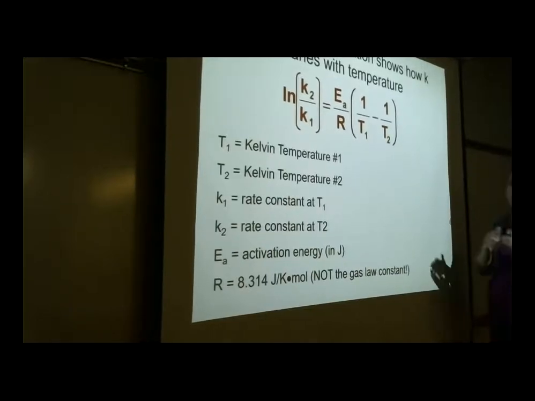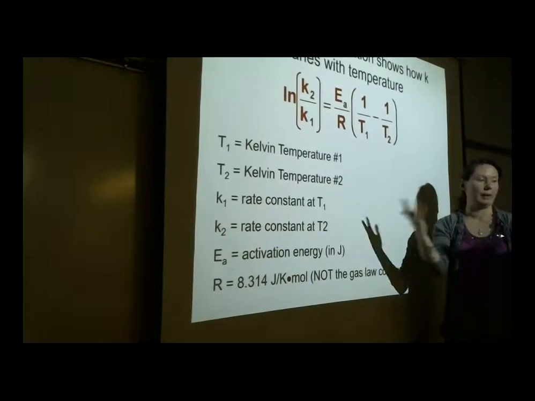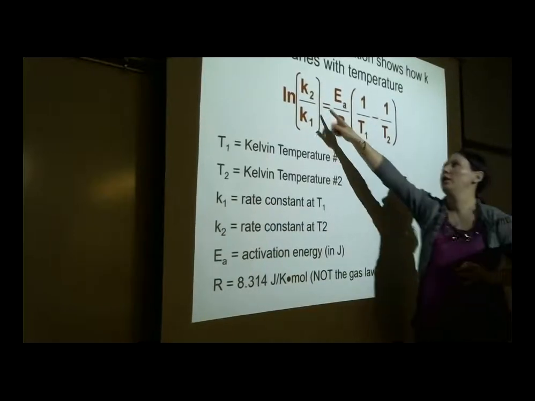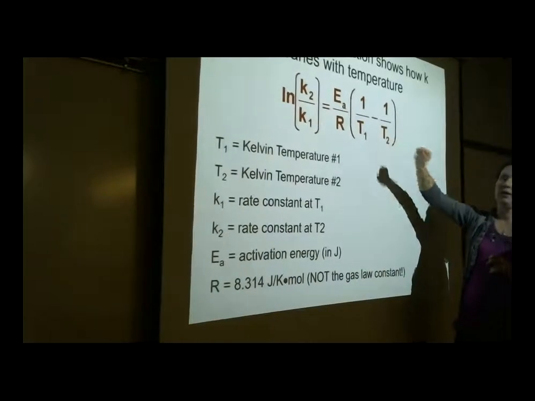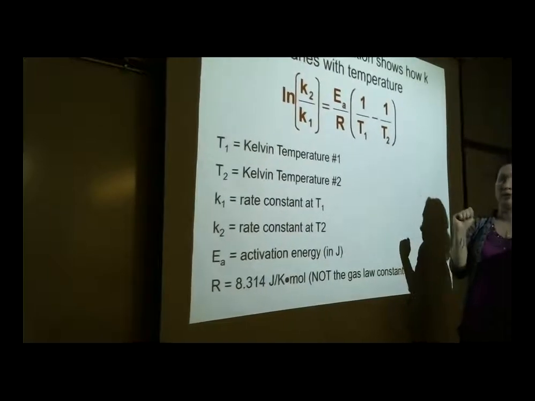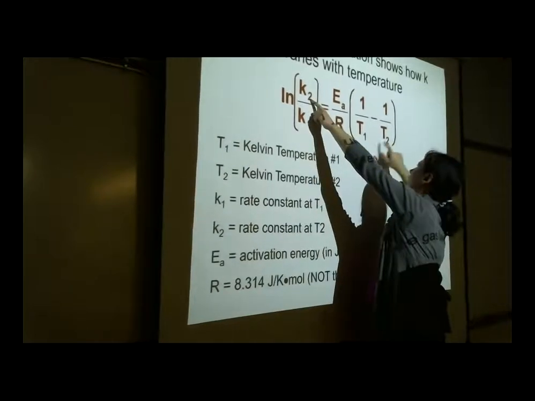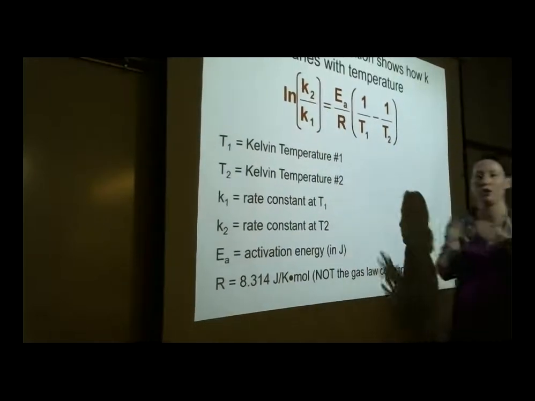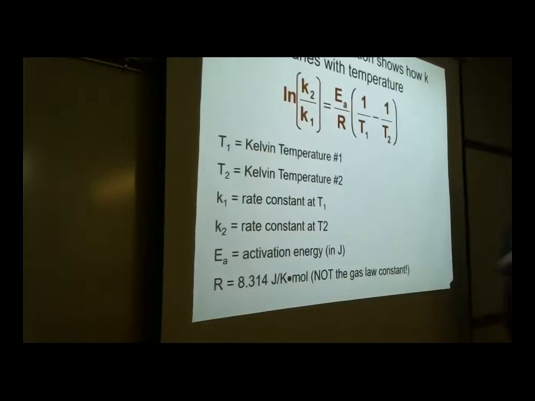You're just assigning temperature 1, temperature 2, and making sure that your K goes with the correct T. So if I say K at 500 Kelvin and K at 900 Kelvin, make sure you plug in the 500 Kelvin with this one and the 900 Kelvin K with this one. Make sure that they match. You can't just arbitrarily plug in the Ks.